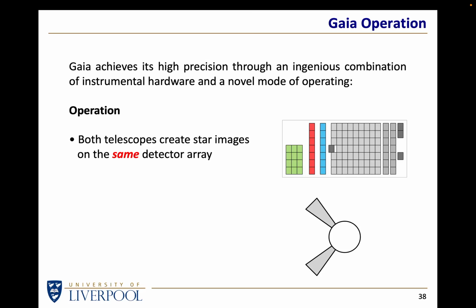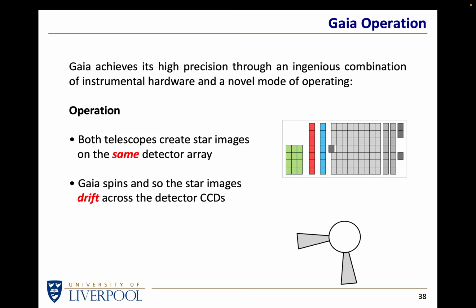There are 2 telescopes, but they generate images on the same detector, which when I first read that, I thought, that can't be right. Surely one telescope produces images on one detector and another telescope produces images on a second detector, and then somehow they compare the 2. No, the 2 telescopes are actually producing stars on the same detector.